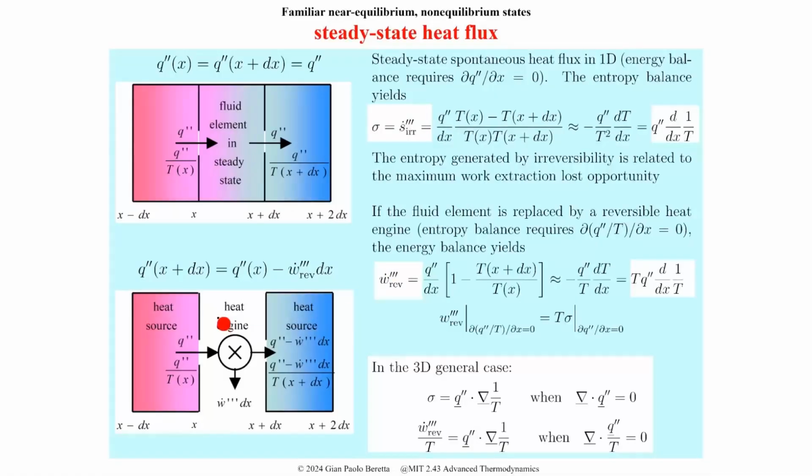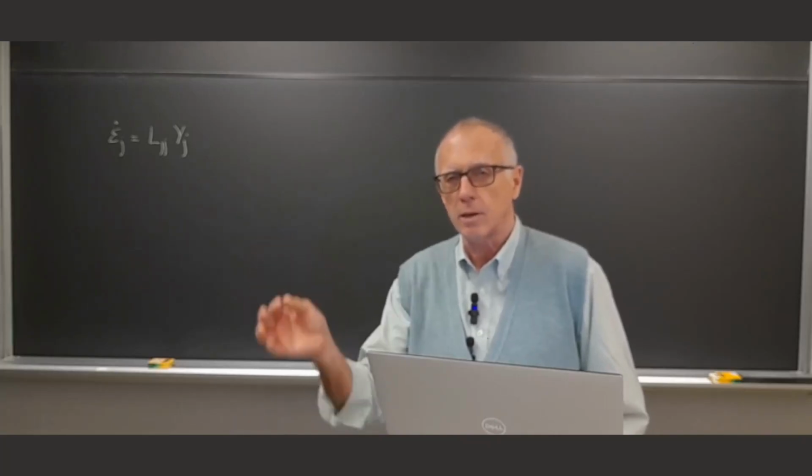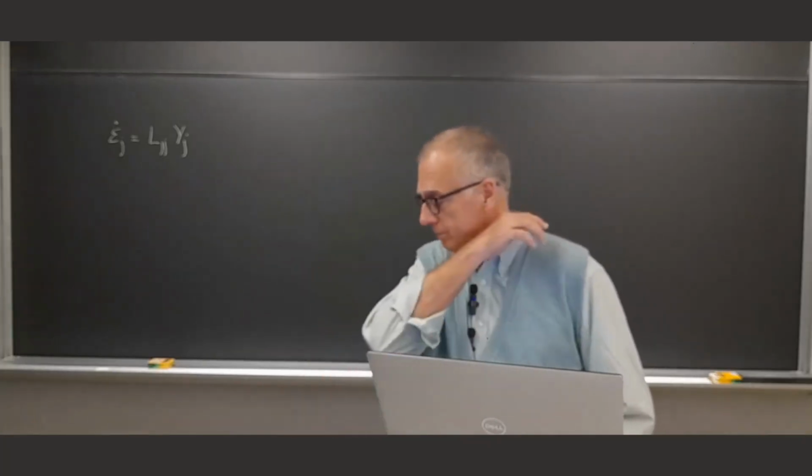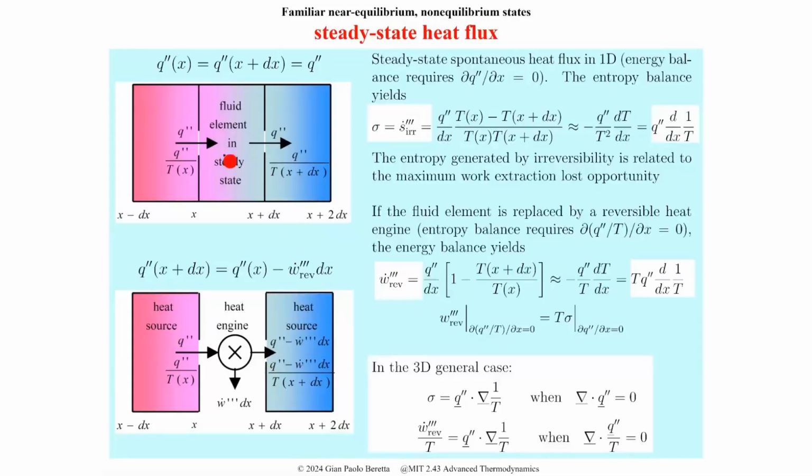So here, what you would need to do is to replace your fluid element by a small heat engine, a local something, maybe bacteria, because here it may be a small system. In any case, a heat engine that, while exploiting this temperature difference, extracts some work, like a Carnot engine.